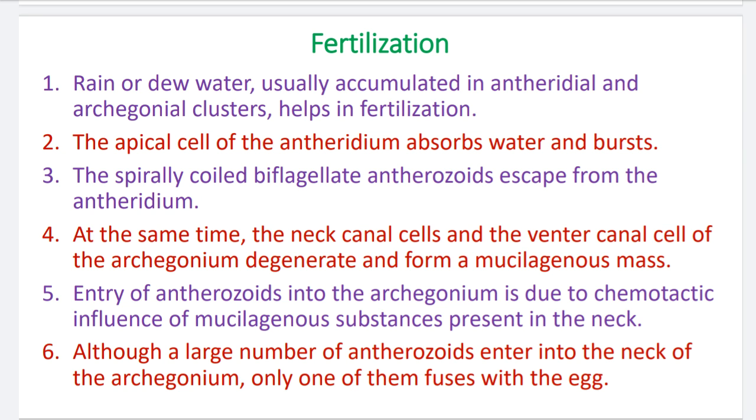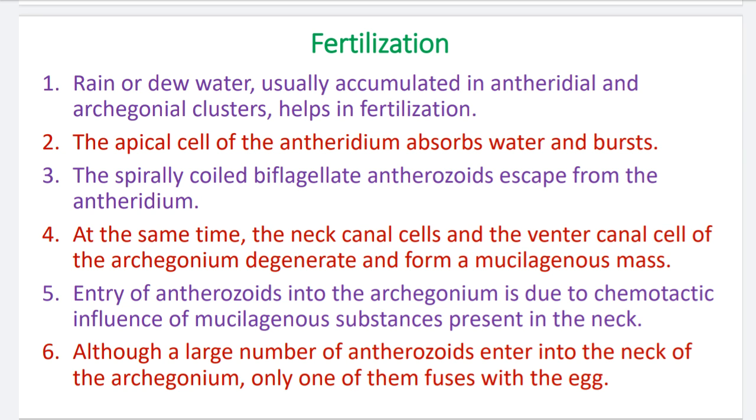Number 3. The spirally coiled biflagellate antherozoids are released or escape from the antheridium. When the antheridium ruptures or bursts, then many spirally coiled biflagellated antherozoids or sperms or male gametes are released.